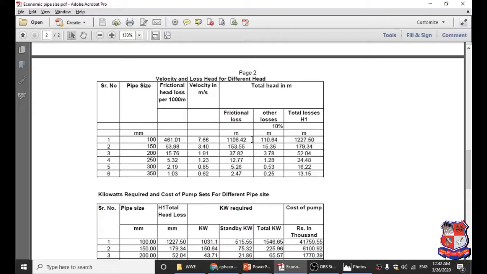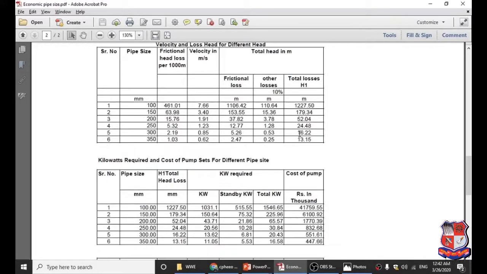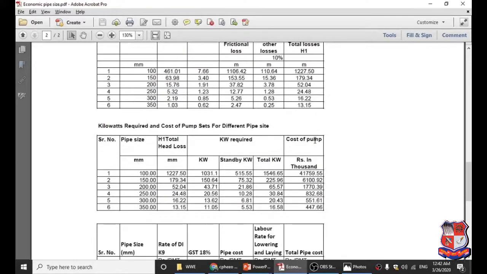So this is the total frictional losses. Other minor losses we have considered 10%, so this is the total losses, right? For 100 pipe to 350 pipe, the total losses for 350 pipe is 13 meter.